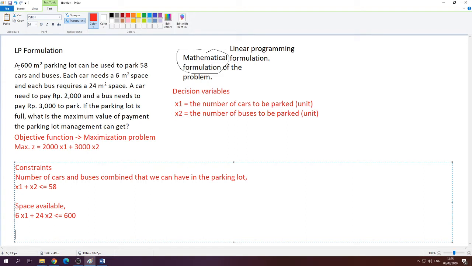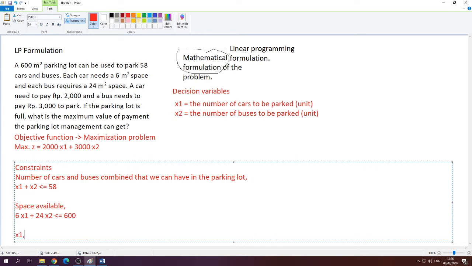Now the last thing that we need is the statement for x1 and x2. Remember, it is the number of cars and buses. So we can have 0 cars, 0 buses, 1 car and 1 bus, 2 cars and 2 buses, 3 cars or 10 buses, but we cannot have minus 1 car, minus 2 buses, or 2.5 cars, or 3.6 buses.